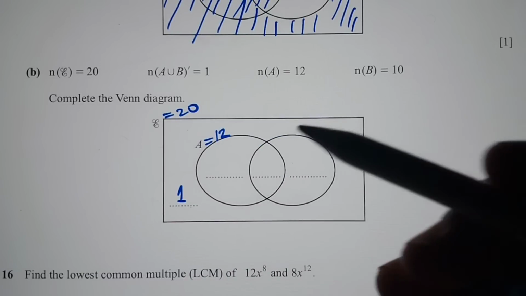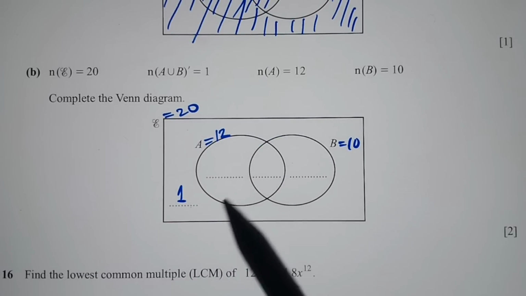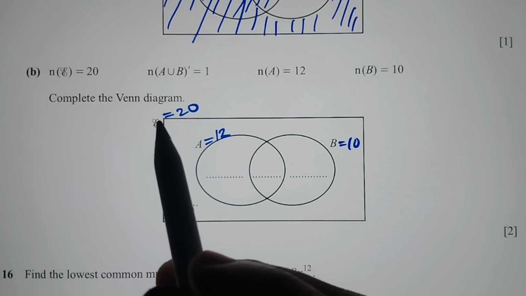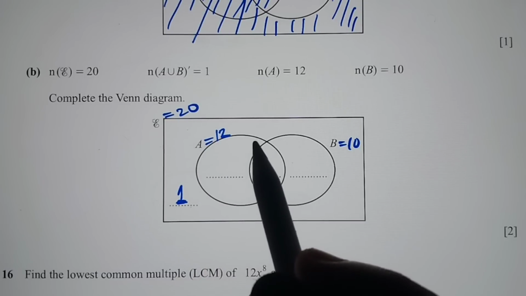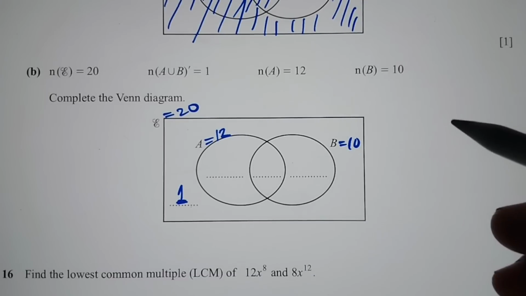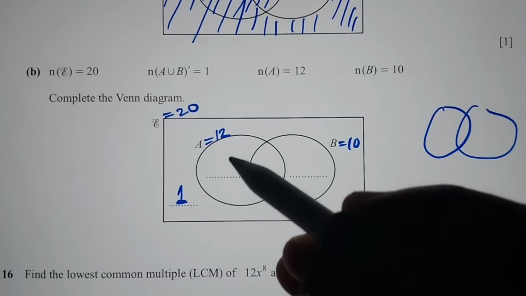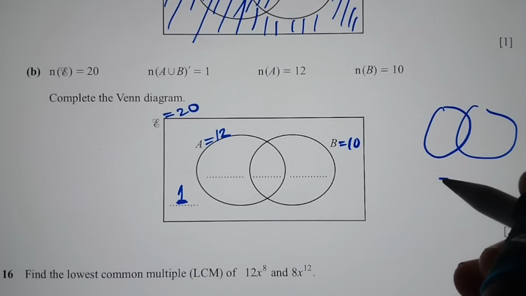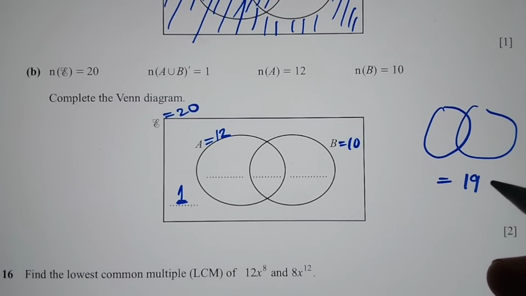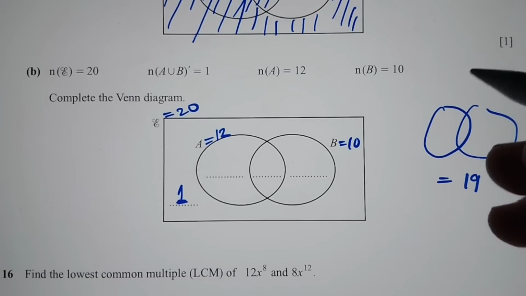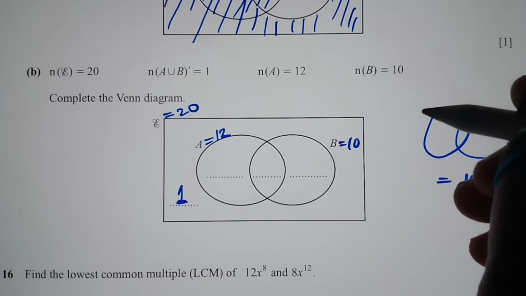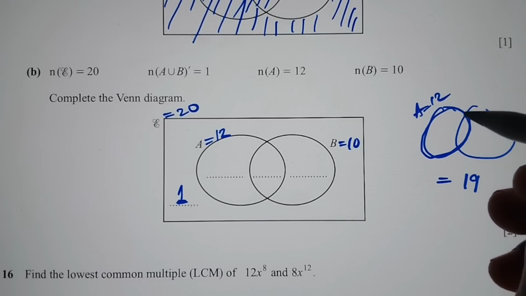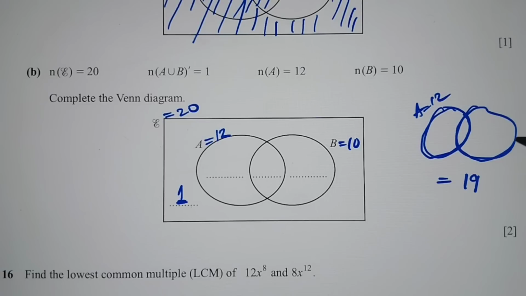Now, complete the Venn diagram. Notice that there is a 1 outside, which we just found, and the universal set is 20. So what that means is that inside of these two intersections, a total of 19 is in there. And out of that 19, A has 12. So everything that must be inside of this circle is 12, and everything that must be inside this circle is 10.